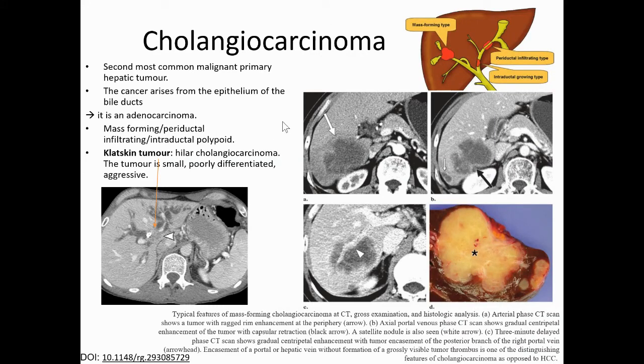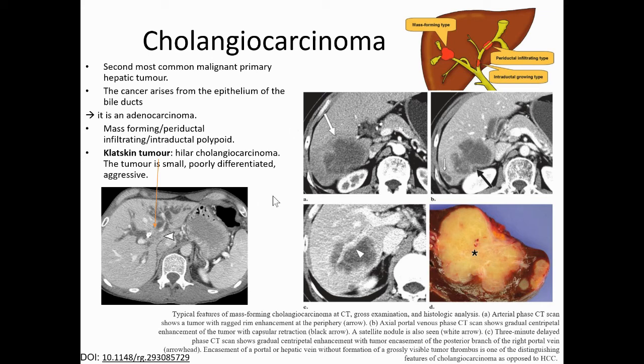Cholangiocarcinoma is also a nasty type of cancer. It can be a mass-forming type, or a periductal, or an intraductal growing type. And it's an adenocarcinoma because it arises from the epithelium of the bile ducts.